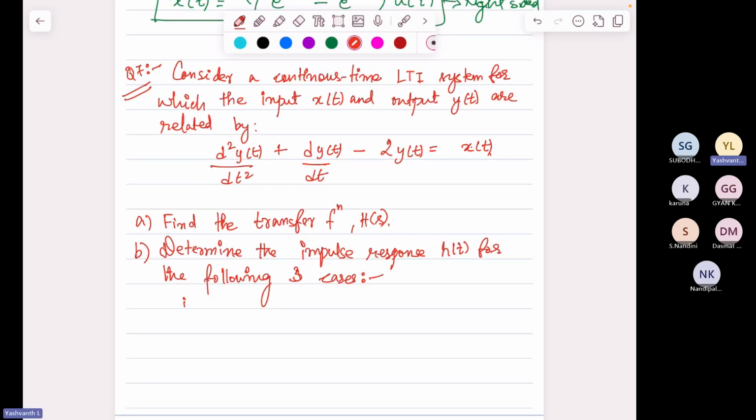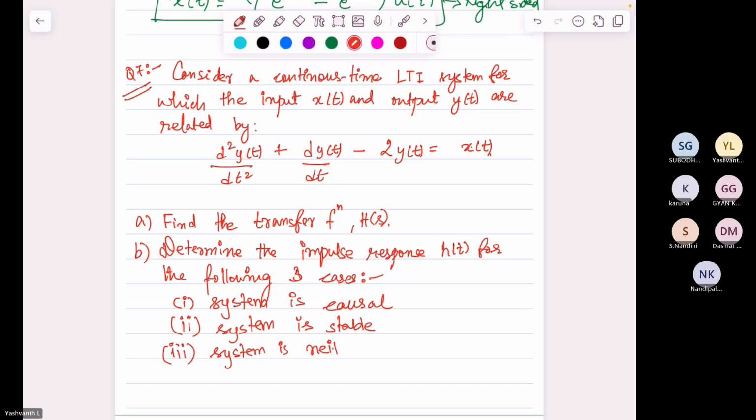First case is the system is causal. Second, the system is stable. Third, the system is neither causal nor stable.